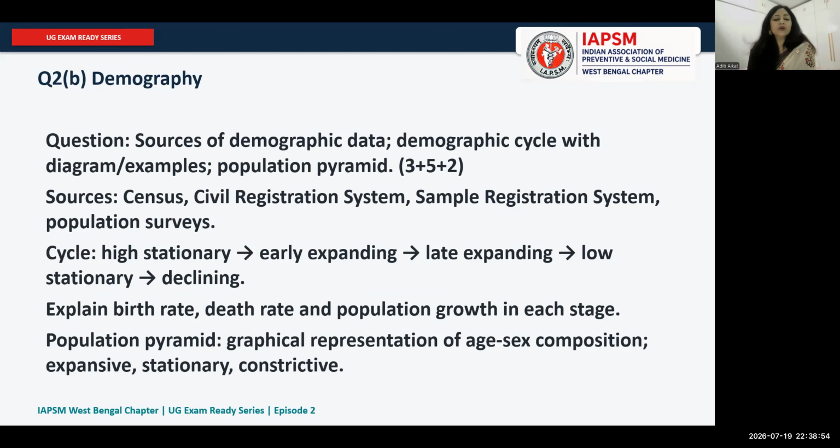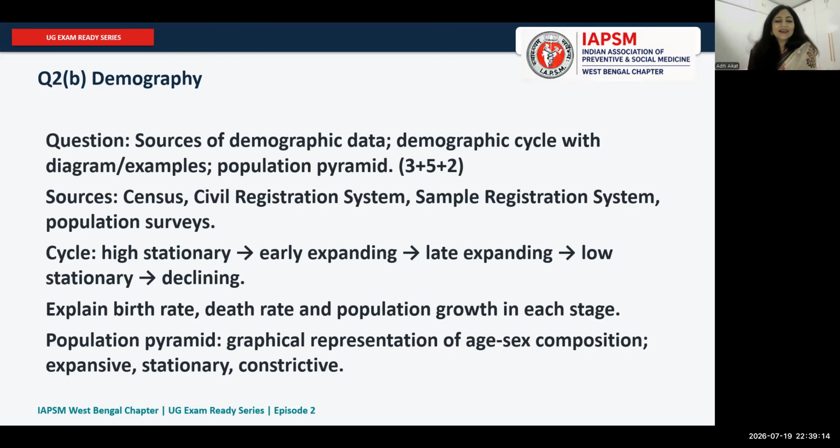Coming to the question on demography, where sources of demographic data, demographic cycle with diagrams, and population pyramid were asked for. Here, the sources are not from journals.